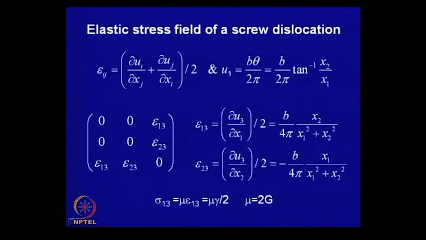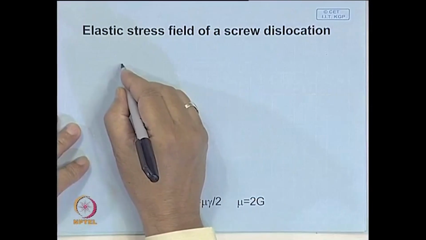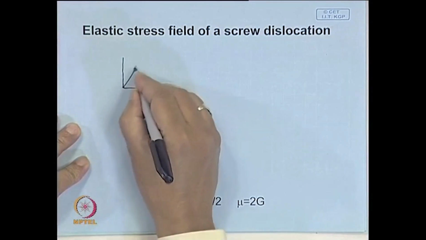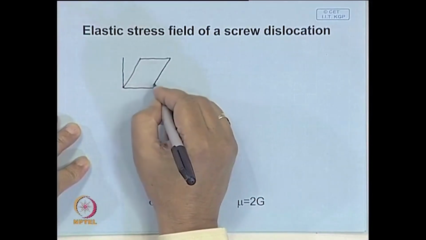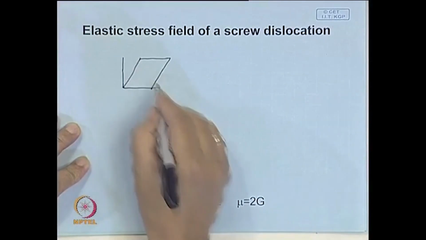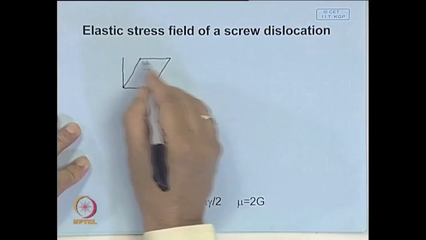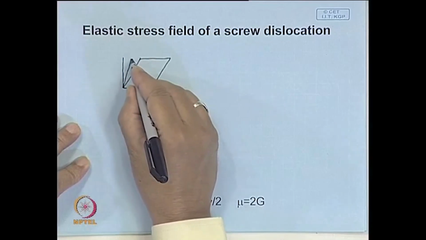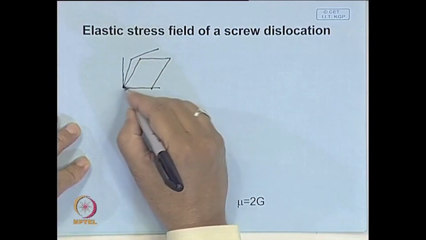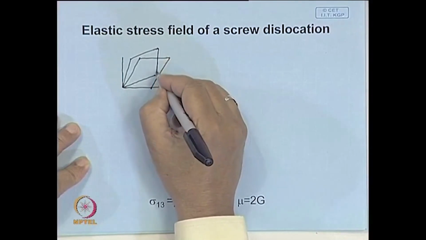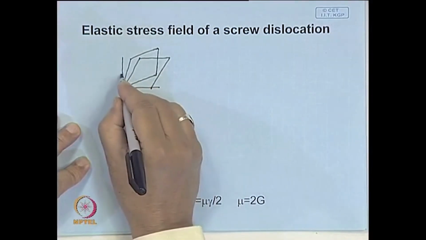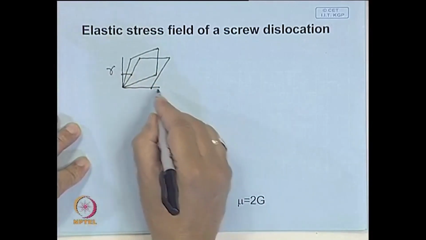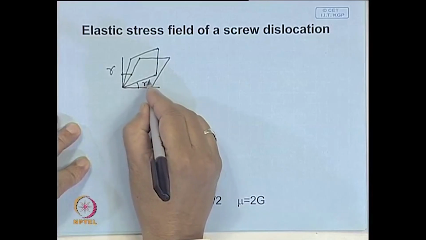So, one, we have seen that this is pure shear, and this is simple shear, the process of slip. Now, if you rotate it like this, so here this is gamma, whereas if you rotate as gamma by 2.